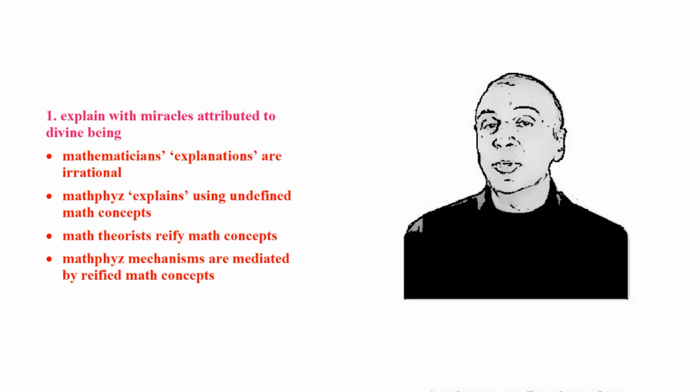In the old days they explained with miracles, but we haven't changed that at all in mathematical physics. What they have today is explanations which are irrational. So the explanations are still miraculous, you could say, right? They're even worse. In the old days they had these miracles, they had these spirits and angels come in. Today they have all these concepts like field and energy moving things around, and that's where they become irrational. And they use undefined mathematical concepts.